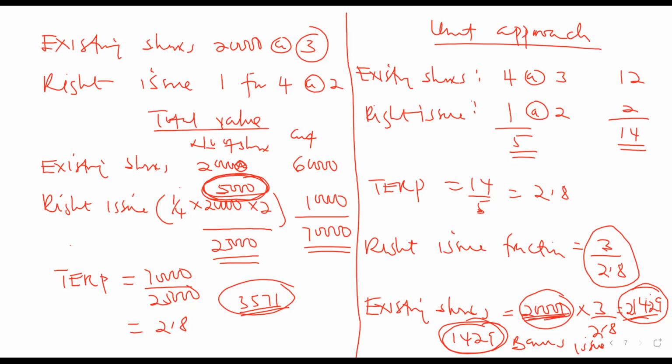Okay, another way of finding the bonus, if you want to find the portion of the shares that is issued as a bonus, just subtract 1 from this. Subtract 1 from the rights issue fraction over here.